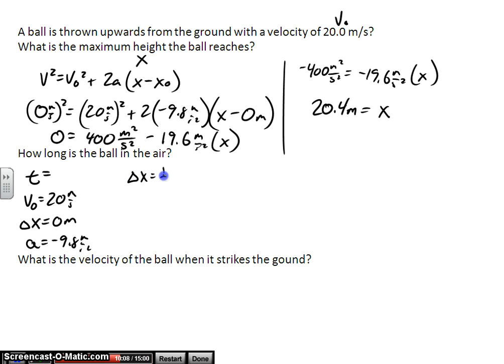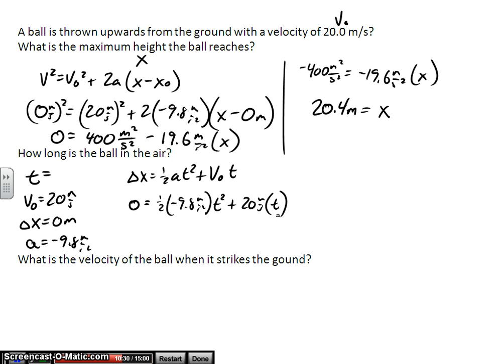Delta x equals 1/2 a t squared plus v naught t. 0 equals 1/2 negative 9.8 meters per second squared time squared plus 20 meters per second times time.